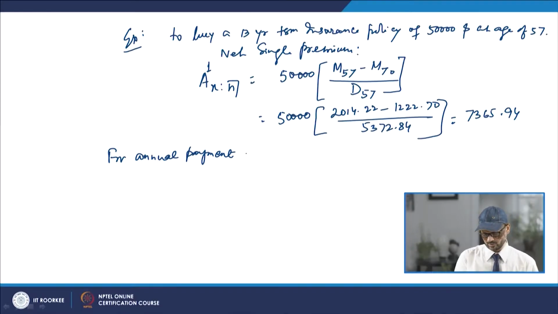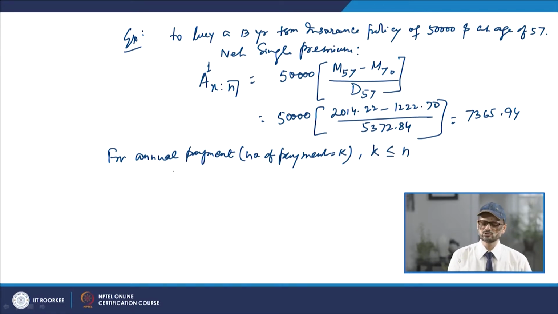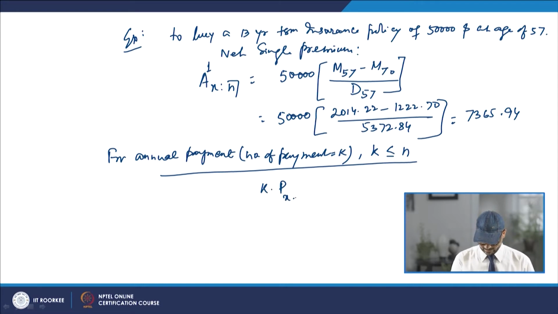So when you are going for annual payments, with number of payments equal to k, k has to be less than or equal to n. If you want to calculate for k payments, the annual premium will be denoted as k into p x n, and this will be calculated as f into mx minus mx plus n divided by nx minus nx plus k.